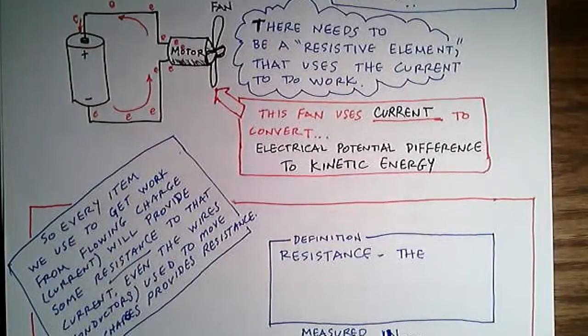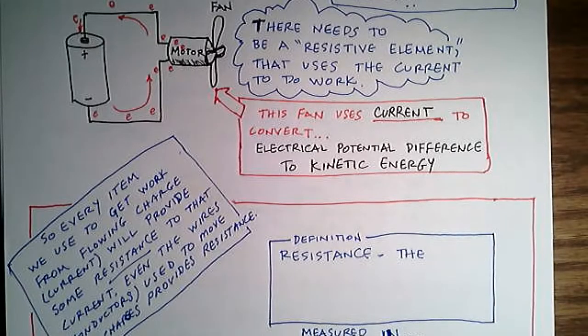So we have a basic definition of resistance that I want you guys to know. I want to make sure I get exactly the right one, because I'll tend to define this in a little less scientific way. I would basically say resistance is the... I want to use the word resistance in the definition of resistance.